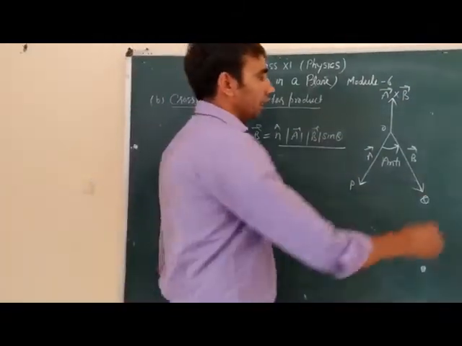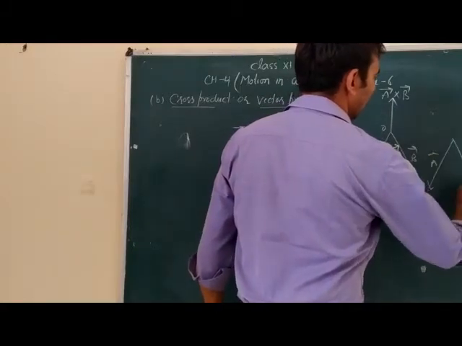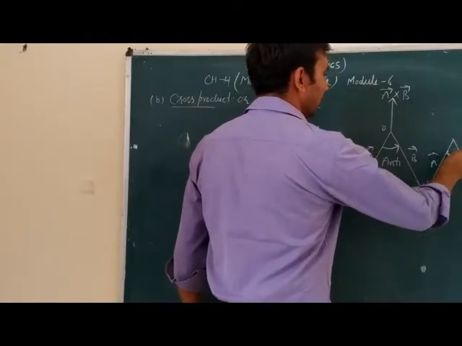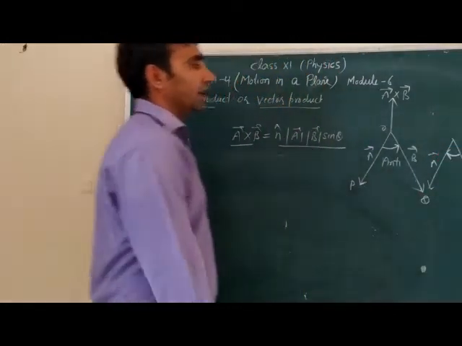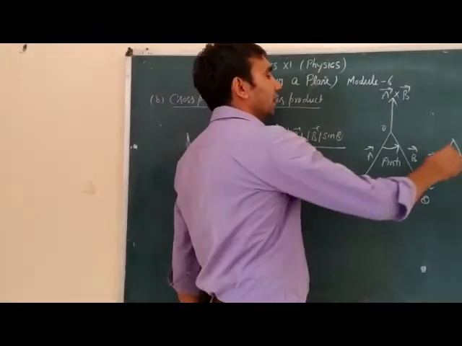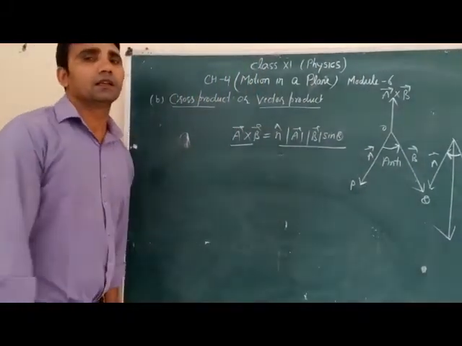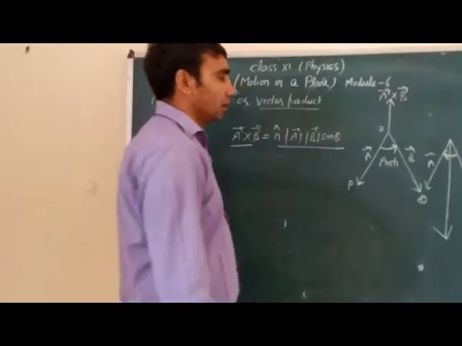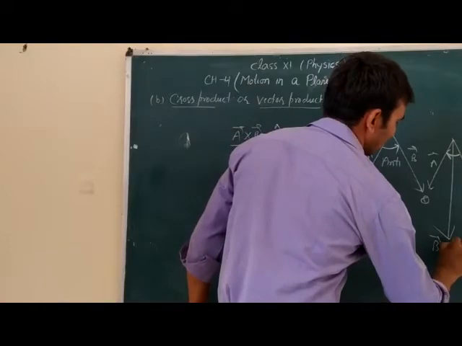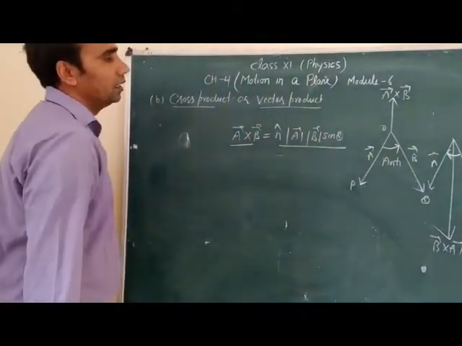Now, if this is vector A and this is vector B, rotation from vector B to vector A means clockwise rotation. Now we get vector B cross A along the z direction.